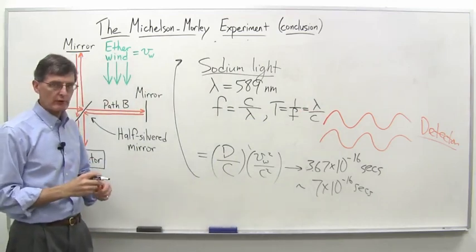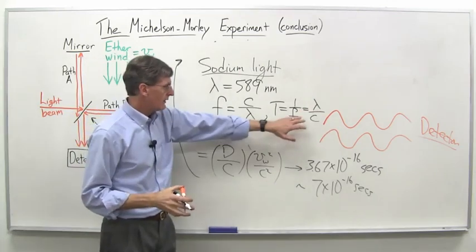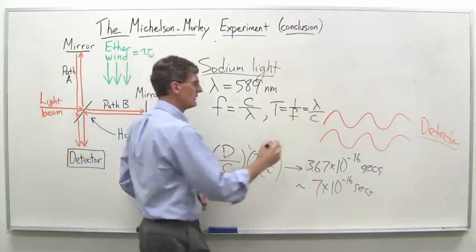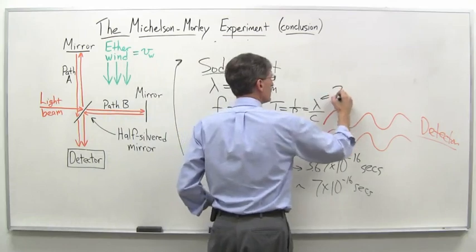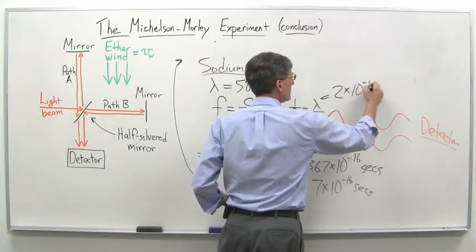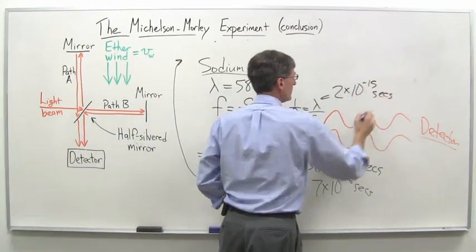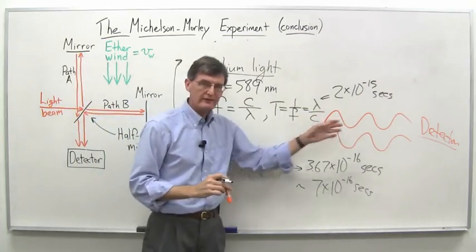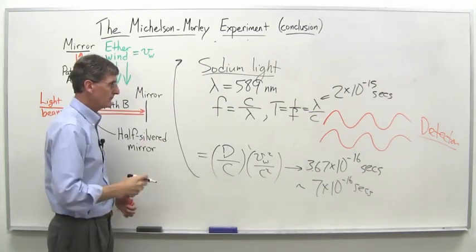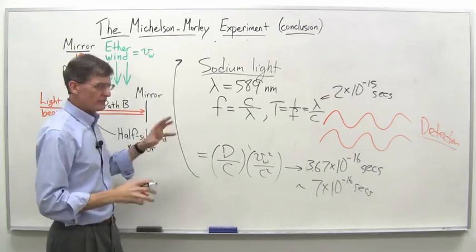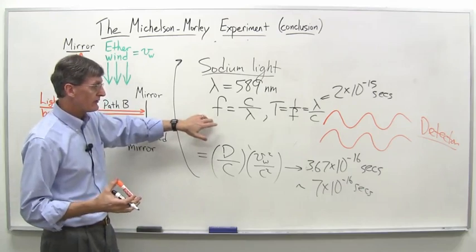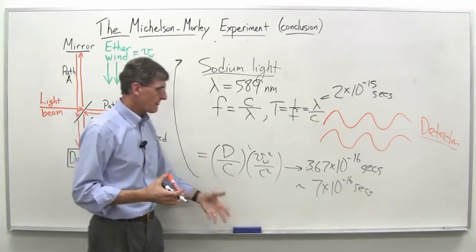And that's really what we're most interested in here. If you do this calculation, you will find the period for sodium is about 2 times 10 to the minus 15 seconds. Again, still a very small amount, the difference between the peaks in this bright sodium light, sort of yellowish light.